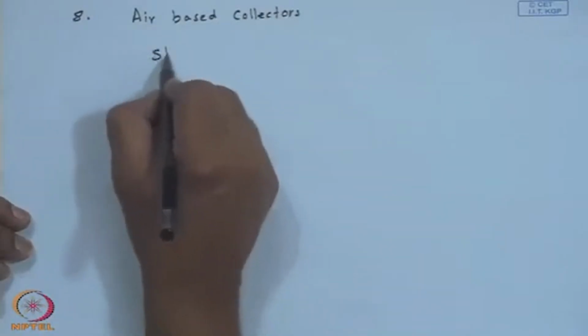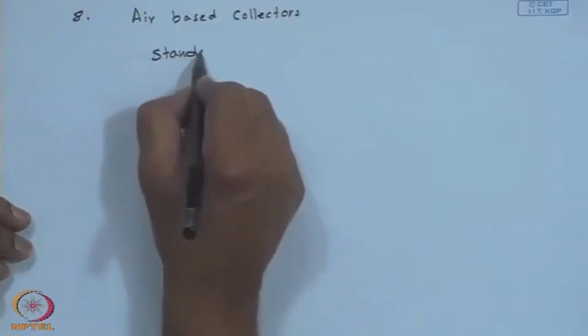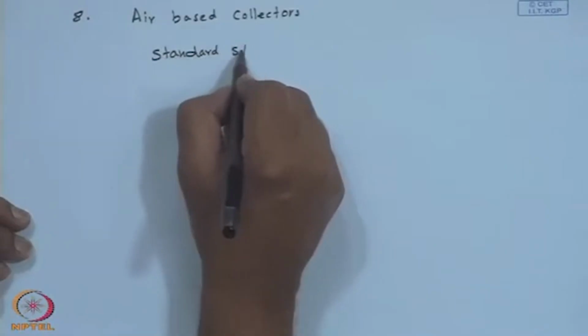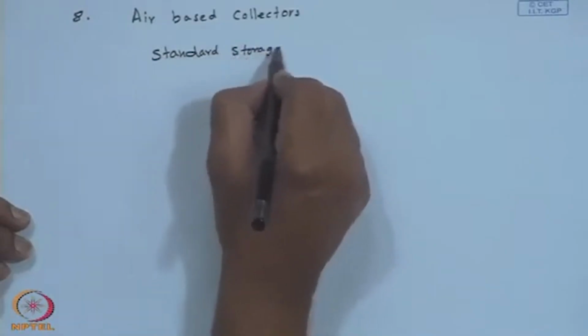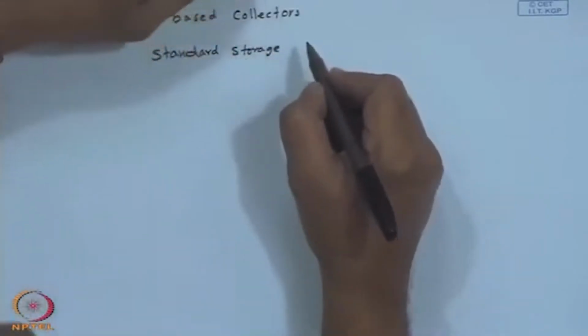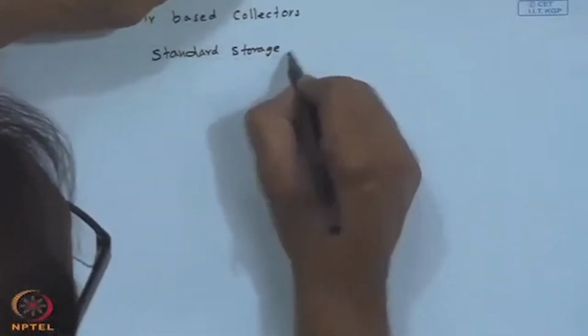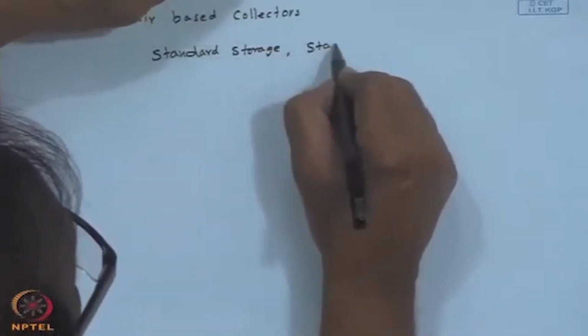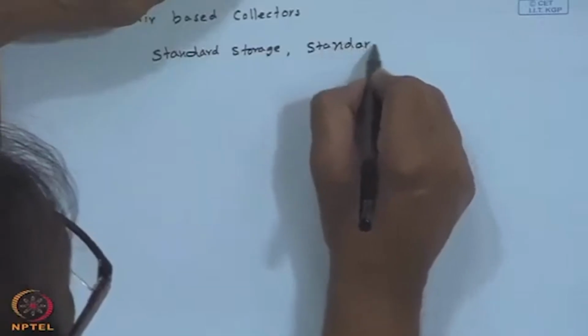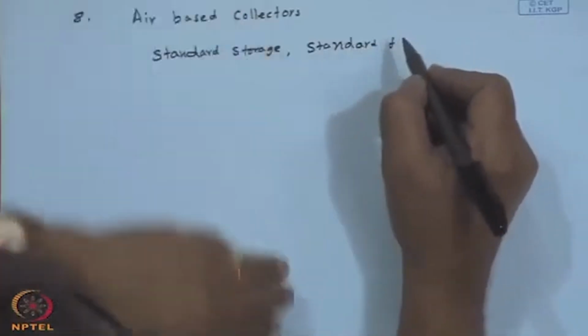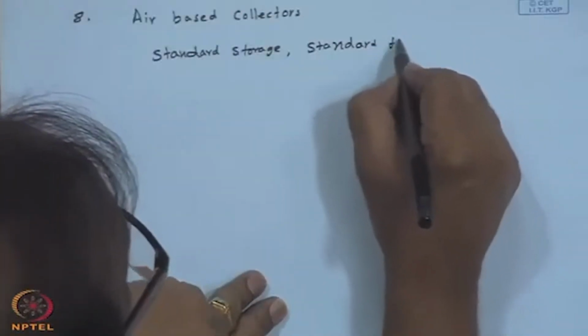and standard storage, what is the standard storage? 0.25 meter cube per meter square of the pebbles, and then standard flow rate. What is the standard flow rate? 10 liters per second per meter square under NTP.